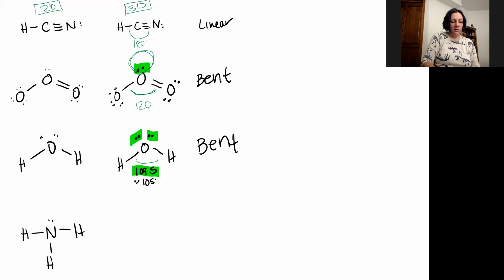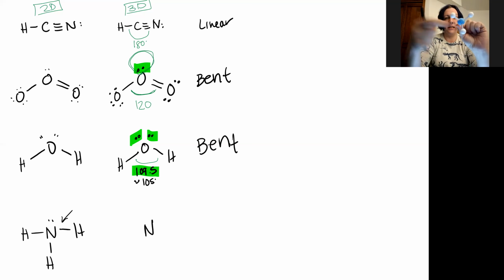When we draw this, we're going to need to show one of the hydrogens coming out. So here I've made it, and if you look at it, I've got my nitrogen, my 3 hydrogens, and a lone pair here as well, taking up space. These would all be in a plane equally spaced 120 degrees apart around the nitrogen, except the lone pair distorts these and pushes them all closer together.